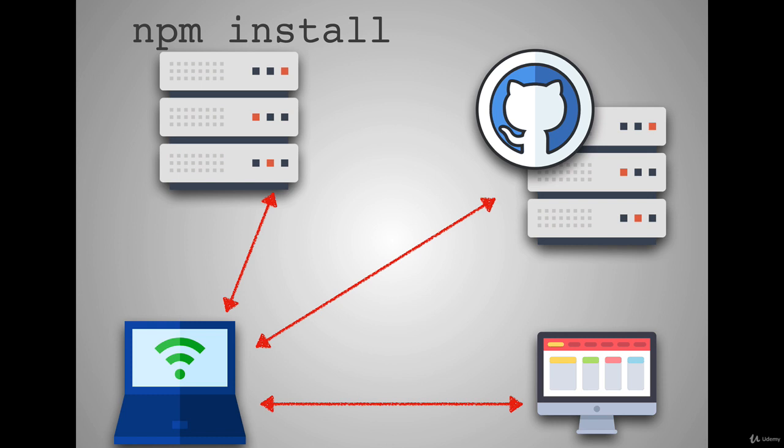Can you reinstall it on the server? Now, this sounds ridiculous, but it's actually something that has happened to me. I had to SSH into the server, get the project files to the server again, and go through all the steps of running npm install, npm build, npm start to get the app back up and running.